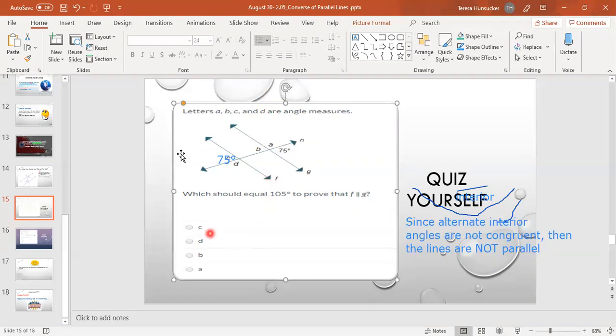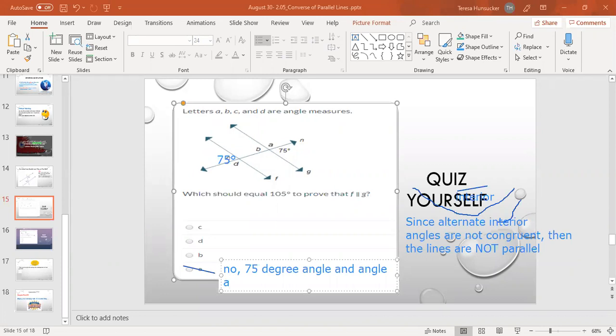Okay, so that's why it's not A either. The 75-degree angle and angle A are not one of the special angle pairs, like corresponding angles would be.